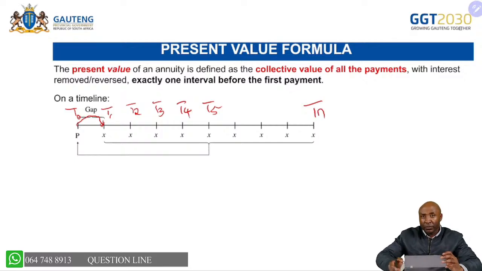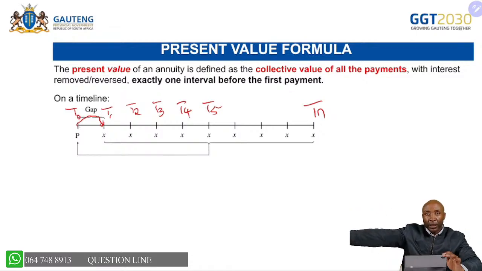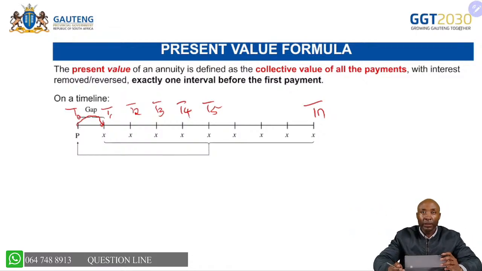Now, we should be able to distinguish between present value and future value. Future value, as it was discussed last week, you start making payments and you get a bigger value at the end of the investment period. But for present value, you get the money now, and at the end of the agreed period, the balance should normally be 0.